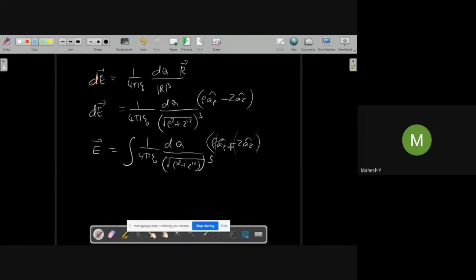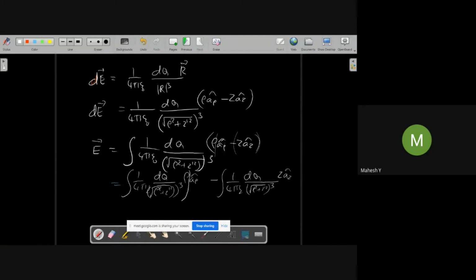So as we discussed here, this integral will be the integral of 1 by 4 pi epsilon 0, dq by (rho square plus z prime square) square root whole cube, rho a rho, minus the integral of 1 by 4 pi epsilon 0, dq by (rho square plus z prime square) square root whole cube, z a z cap.